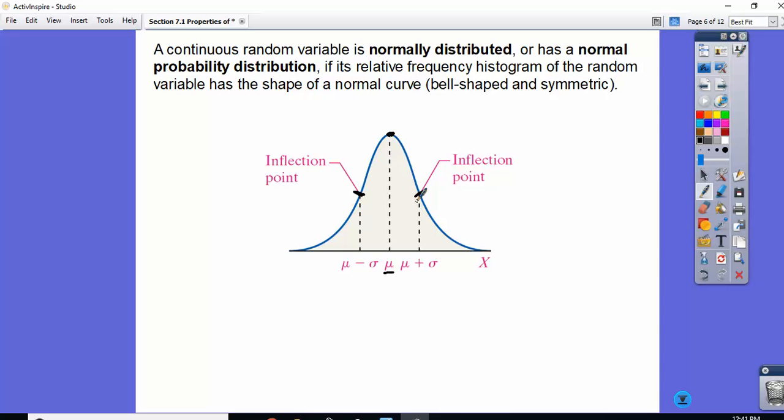We will be using this more as time goes on, but I really printed these notes for you so you would have this diagram as we went through. So I could give you a picture of a normal curve and ask you questions like what is the mean and standard deviation. Let's say I gave you this picture.